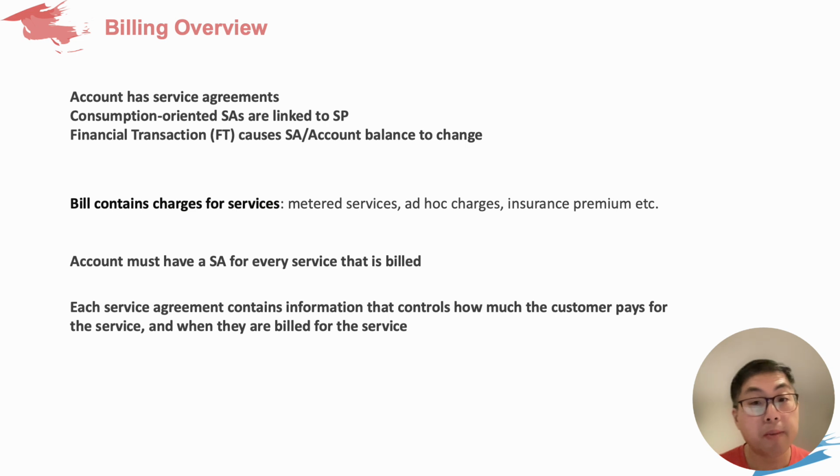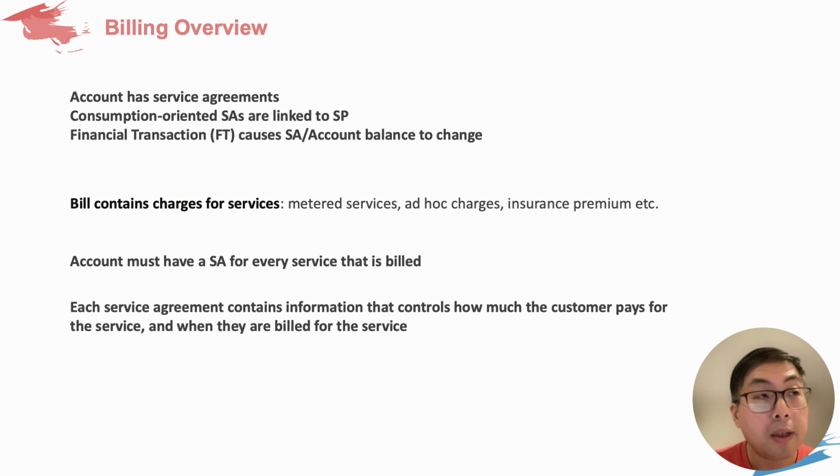So service agreement, controlled by service agreement type, actually defines a lot of behavior of the billing scenarios, and they actually control pretty much not only the billing but also payment, financial related service, because remember, service agreement represents a service.